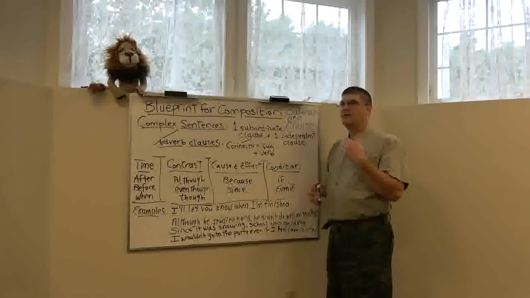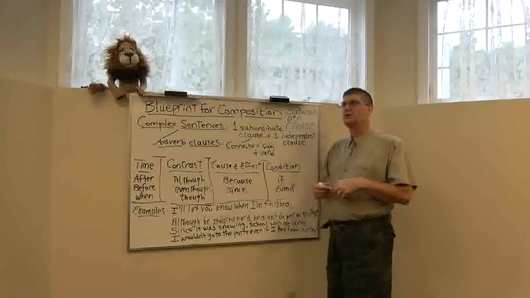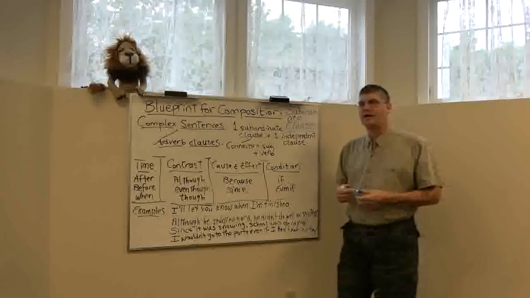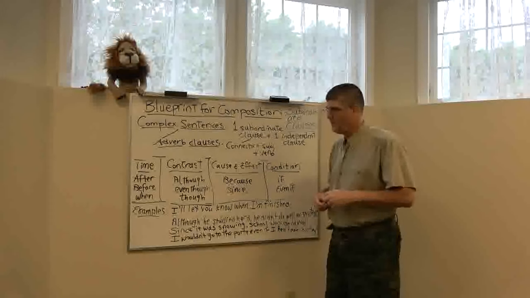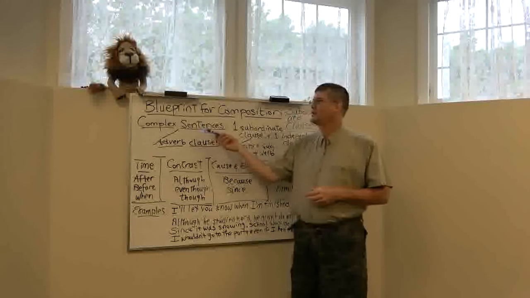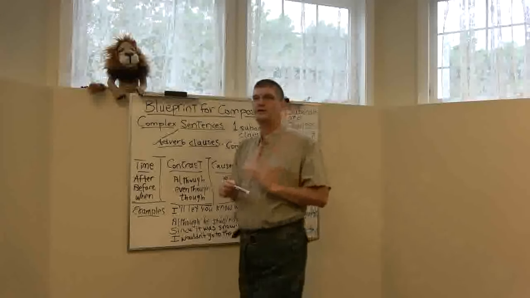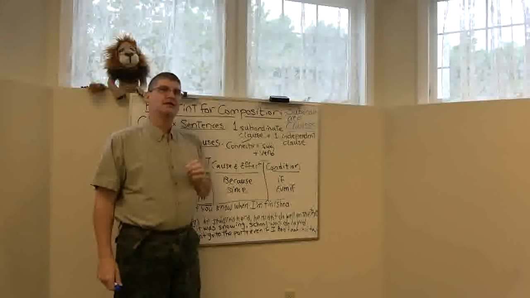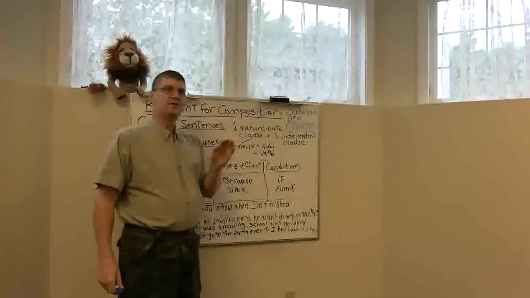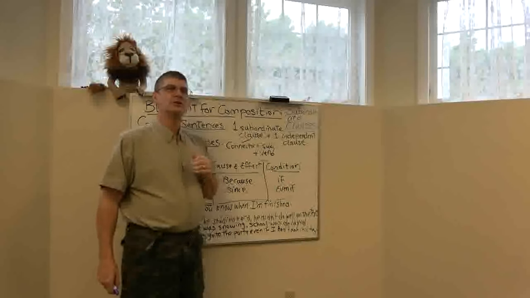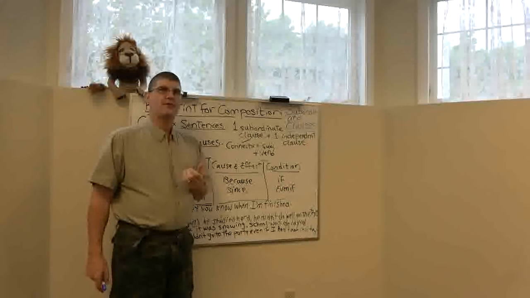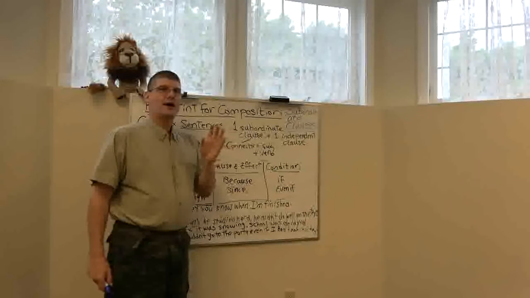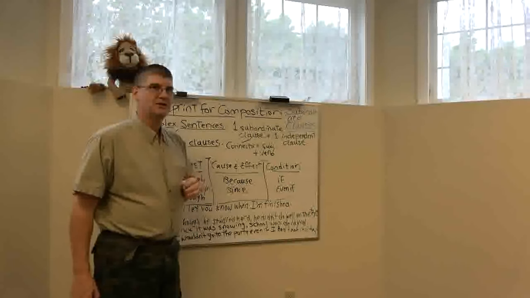In a previous installment of this series, I introduced and defined and gave some examples of complex sentences. So it's very important to realize how the complex sentence is different from the simple sentence and the compound sentence. We did walk through a practice exercise on how to distinguish between these types of sentences.